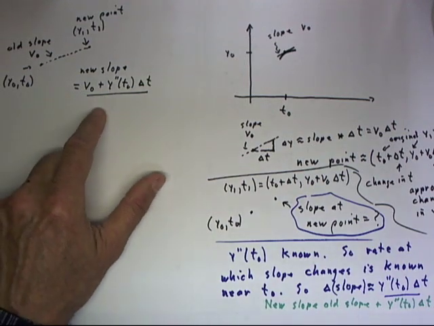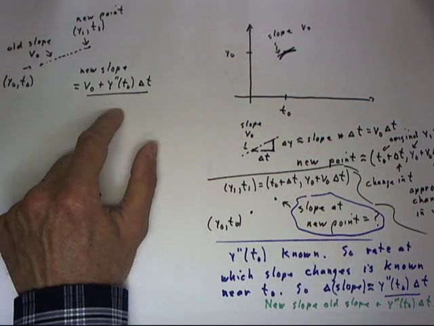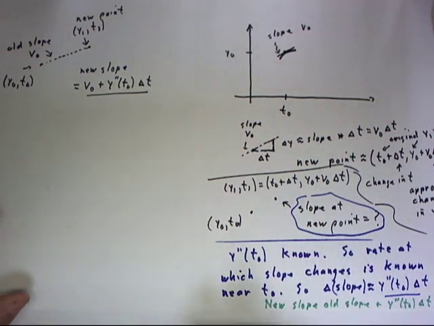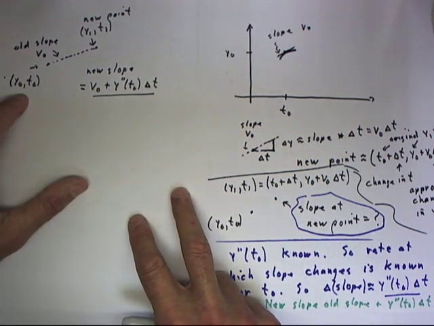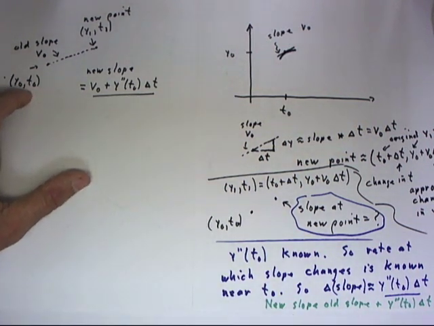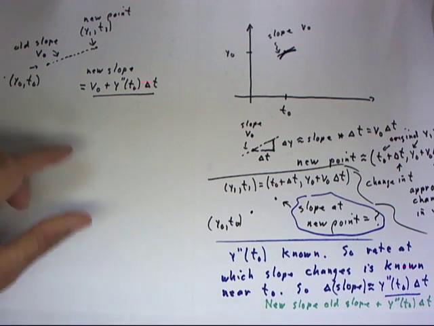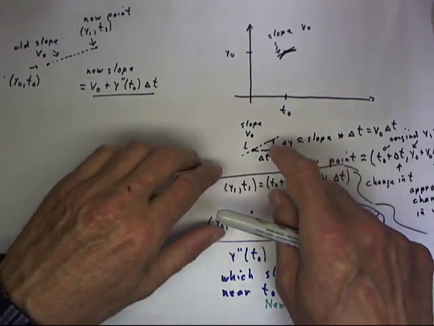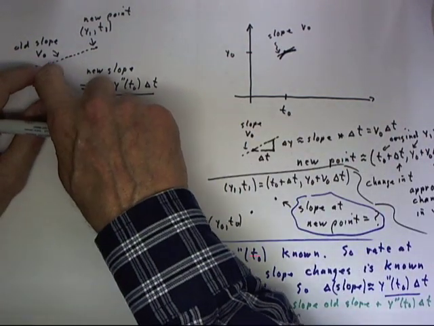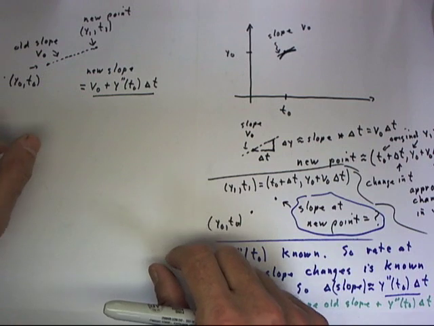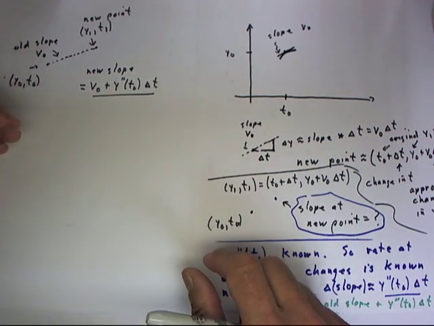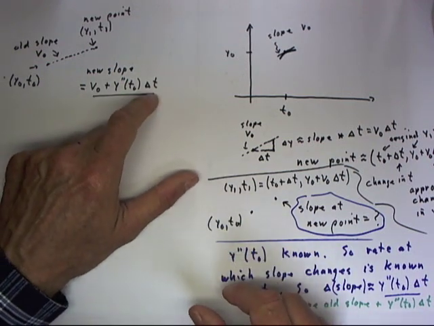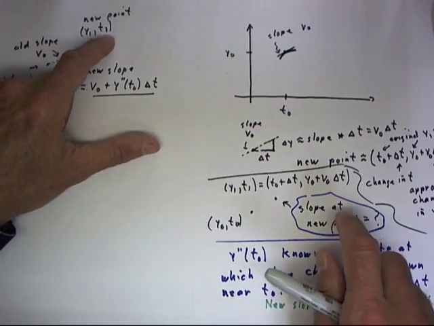Now let's stop, take a breath, and see where all this came from. Remember that our coordinates y naught, t naught were given as the initial conditions, as was our original slope v naught. We made an approximation just by following this original slope for some distance delta t, some horizontal displacement delta t, and we got a new point.